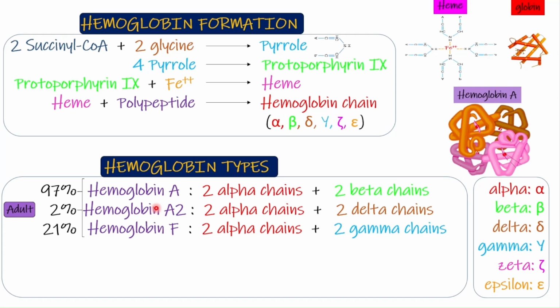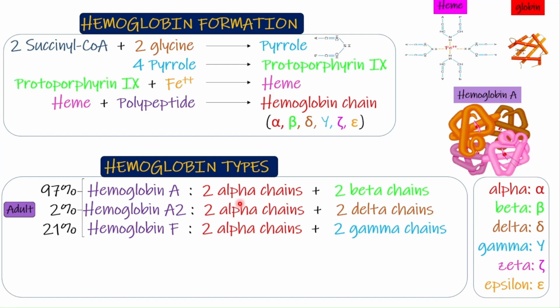Each hemoglobin molecule consists of a total of 4 chains. Hemoglobin A is made up of 2 alpha chains and 2 beta chains, whereas hemoglobin A2 is made up of 2 alpha chains and 2 delta chains, whereas hemoglobin F, which is fetal hemoglobin, is made up of 2 alpha chains and 2 gamma chains.